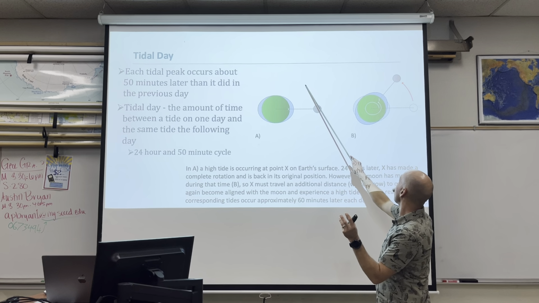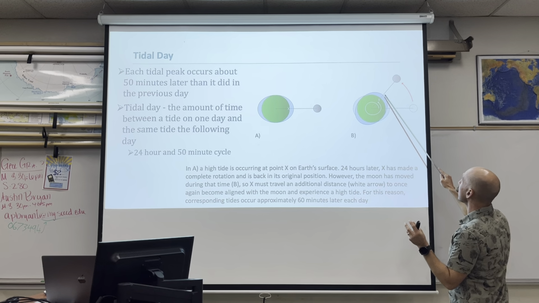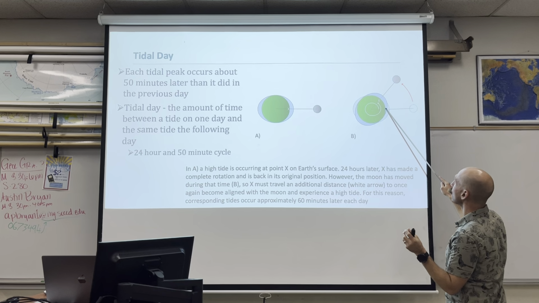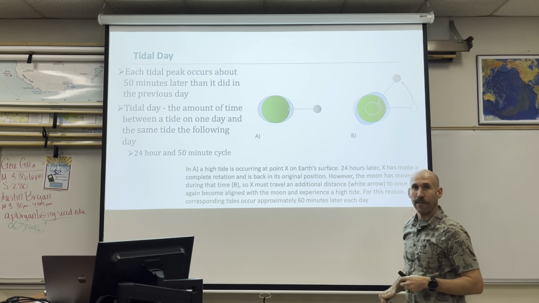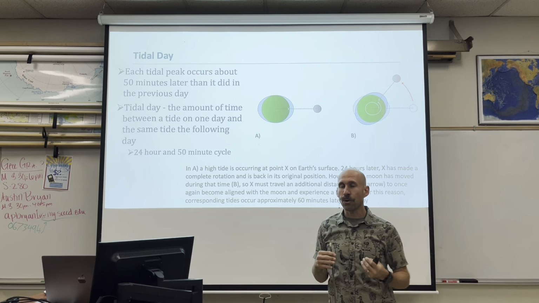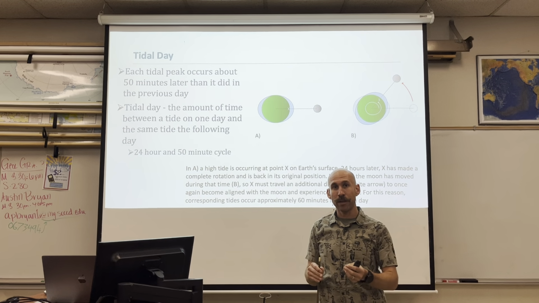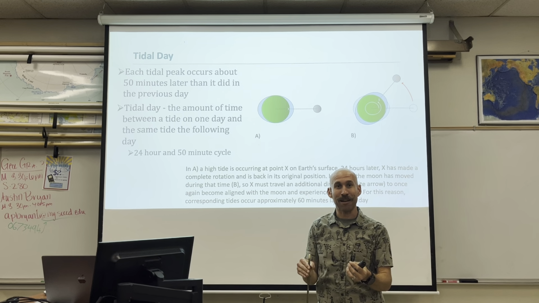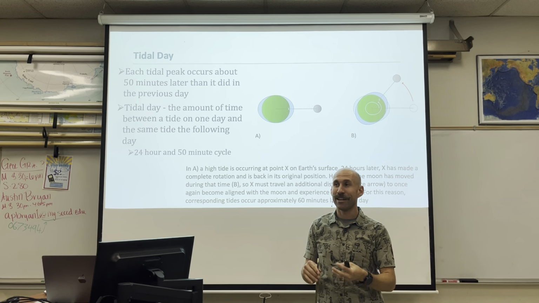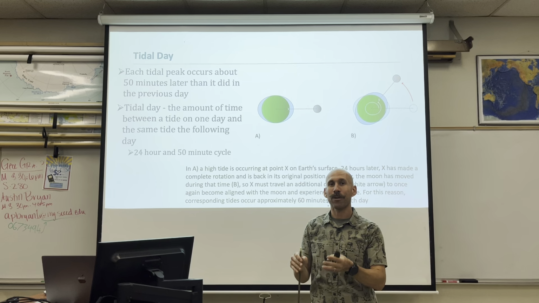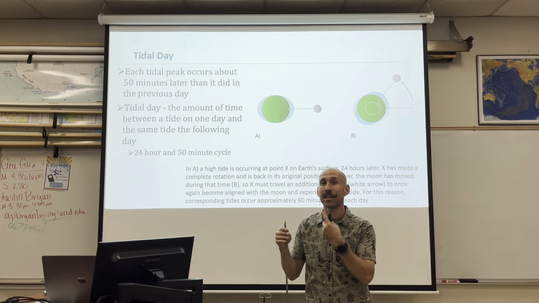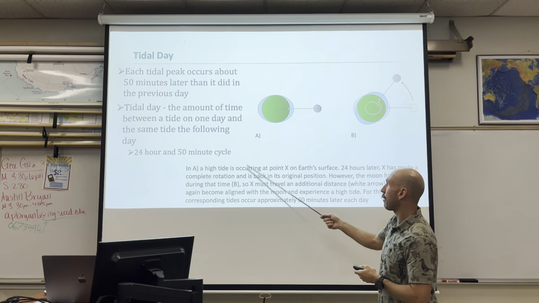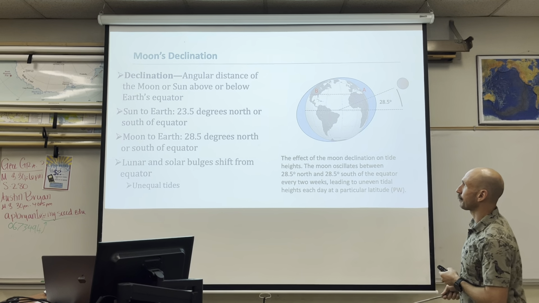So to get back to the place where the moon is in the same location takes an additional 50 minutes. The lunar calendar and the solar calendar are not the same. The lunar day and the solar day are not the same, giving us a different time for the high tide and the low tide successively every day, offset by about 50 minutes.